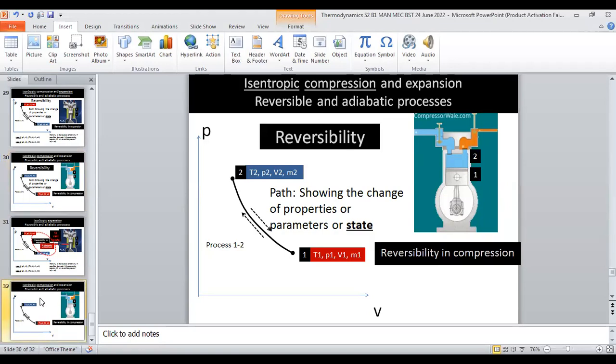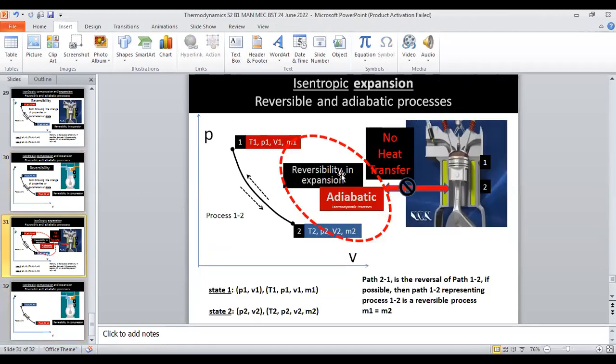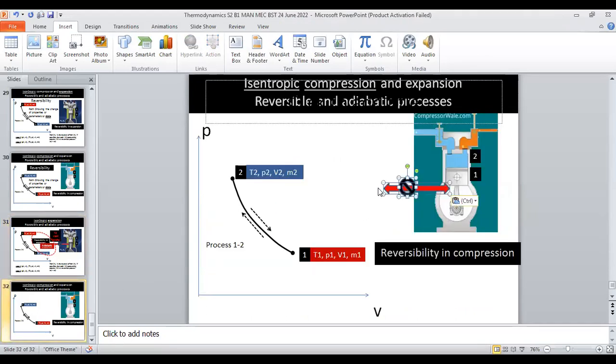Reversibility in compression. Also, we have the adiabatic nature here.